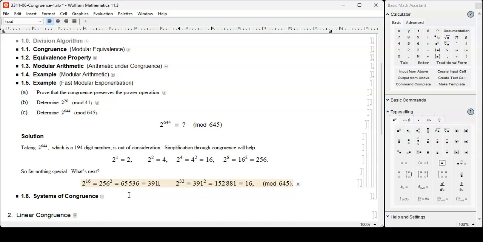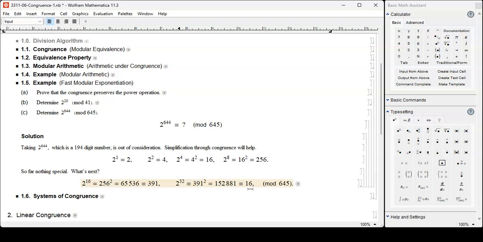Divide 60,536 by 645 and take the remainder. We get 391. Alright, now square it again. 2 to the 32nd power is 391 squared, so we have this number, and then eventually get down to 16 modulo 645.